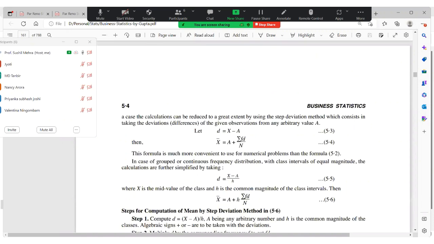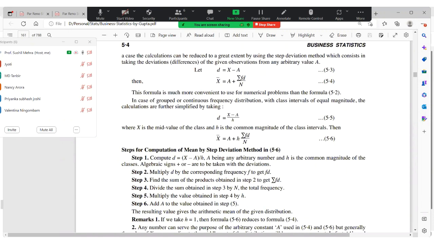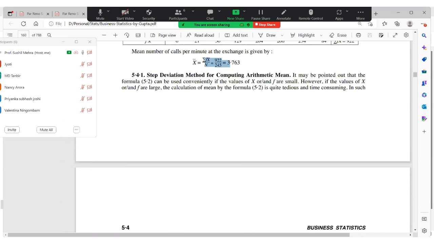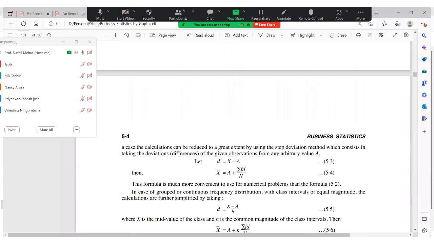Come to this one. This is the example of this step division method. For step division or shortcut, we assume a number, any number from the variable.